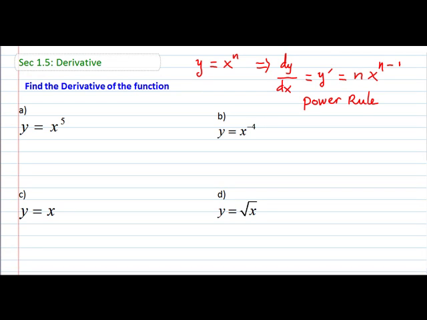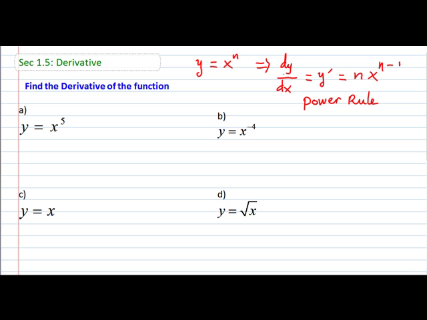In this example, I'm going to show you how to find the derivative of a function. If you have y equal to x to the n power, to find the derivative of y by using the power rule, we write dy over dx.